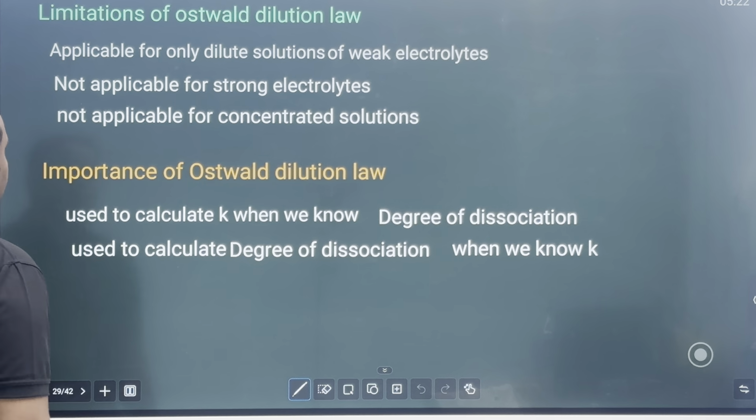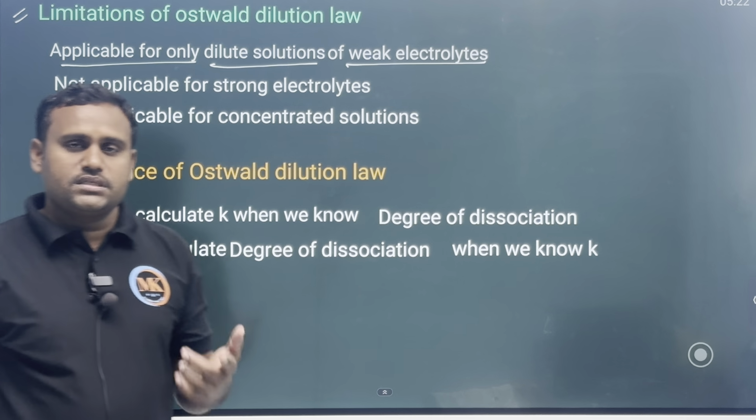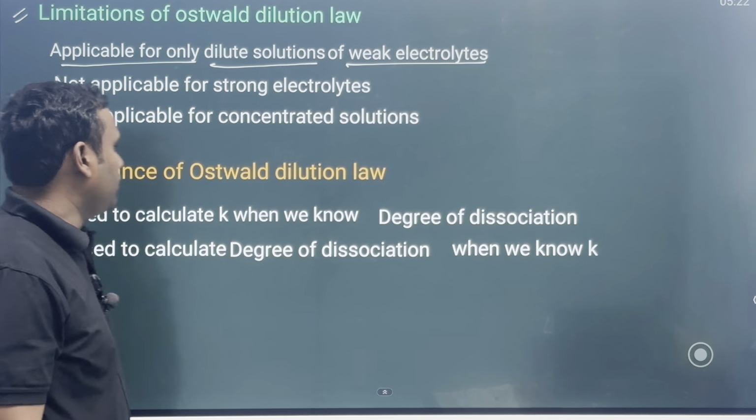Next, limitations of Ostwald dilution law. What are the limitations? It is applicable only for dilute solutions of weak electrolytes. When you take strong electrolytes, it is not at all applicable, but it is applicable for only weak electrolytes.